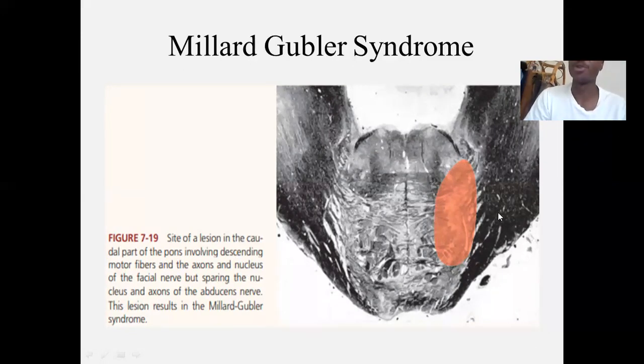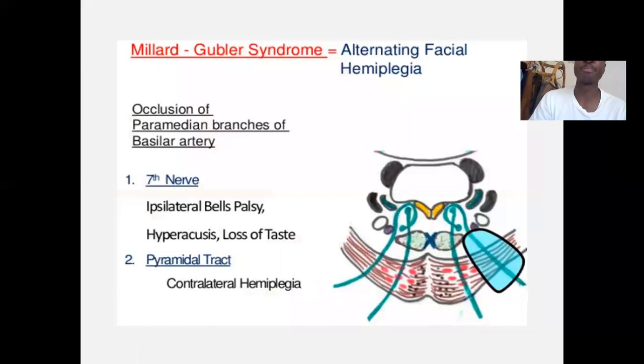And you're going to have loss of lacrimation and salivation, as well as secretions of the nasal glands. Then you're also going to lose taste sensations on the anterior two-thirds of the tongue due to the effect on the chorda tympani nerve. Then you're going to lose pain, touch, and temperature sensations from the external ear. Right. This is your Gubler syndrome. Right. Explained maybe in this slide.